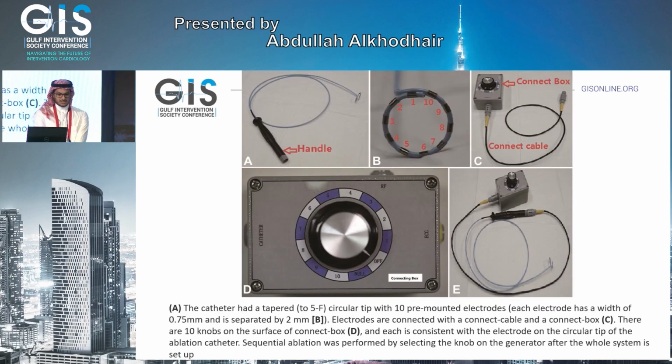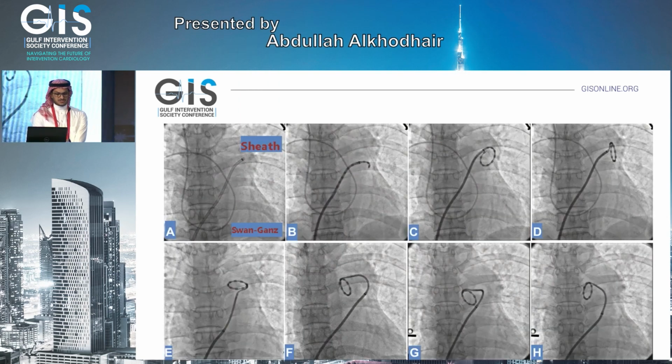So what do we do here? This is a catheter that was invented in China, and most of our knowledge about this procedure comes from China. The catheter had a circular tip with 10 pre-mounted electrodes. You put a sheath into or near the bifurcation, advance your catheter, and do 3 or 4 ablations, 1 minute each, on different sides around the bifurcation.